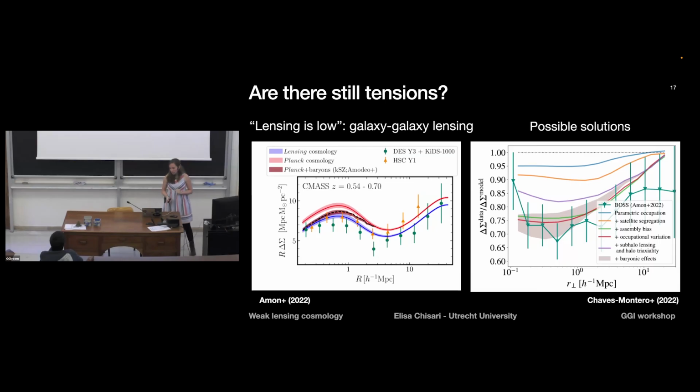This is what he calls satellite segregation, and this seems to be playing some role here. So is there still a tension in lensing? Well, it looks like we might be on the way to resolve this, at least for current data sets, but we'll see what LSST, Euclid, and Roman have for us.